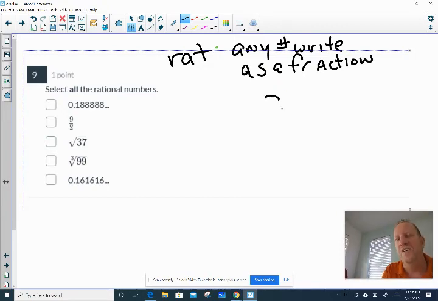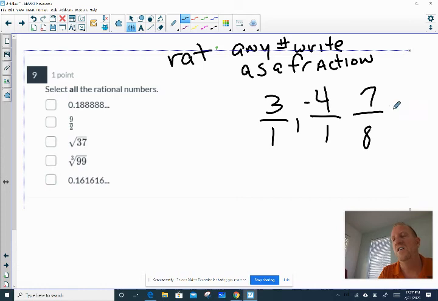I could write 3 as a fraction. It would be 3 over 1. I could write negative 4 as a fraction. It would be negative 4 over 1. This is a fraction, 7 over 8. This is a fraction, negative 9 over 7. Those are all examples of rational numbers.